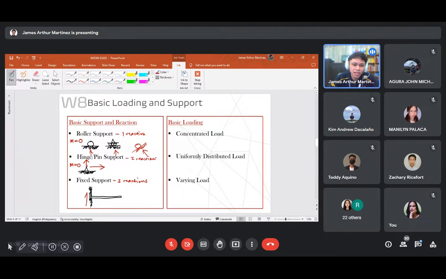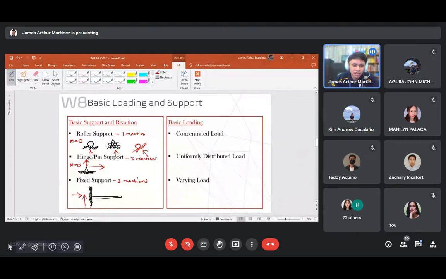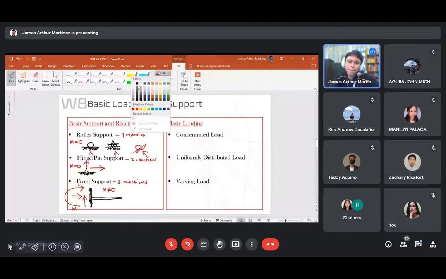You have the vertical reaction, the horizontal reaction, and the moment reaction. So, your restrained or fixed support has resistance to moments. That is why you cannot say that the summation of moment at the restrained or fixed support is equal to zero. You cannot directly say that. Okay, so I hope you will remember it.